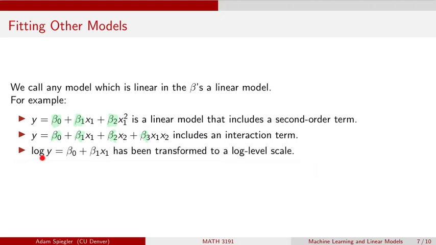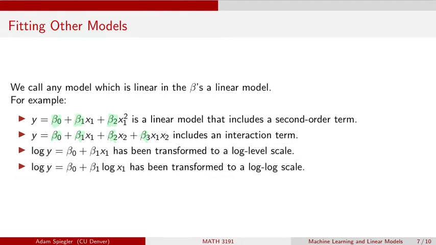So that's just something to be aware of. And in fact, that model that we were working with earlier with GDP per capita as the response variable, we could fit a better model to that data if we actually put a log scale on GDP per capita. But that's a whole other discussion.